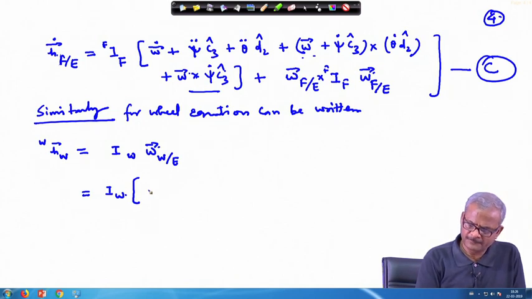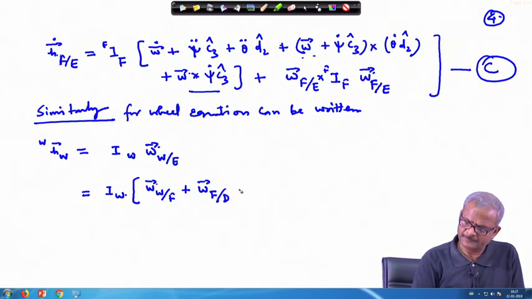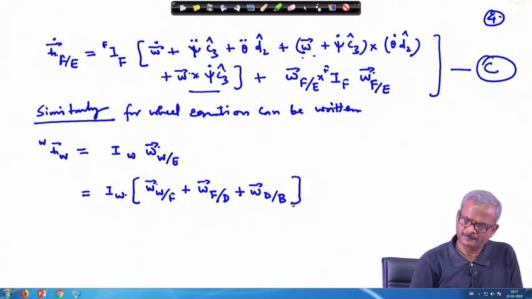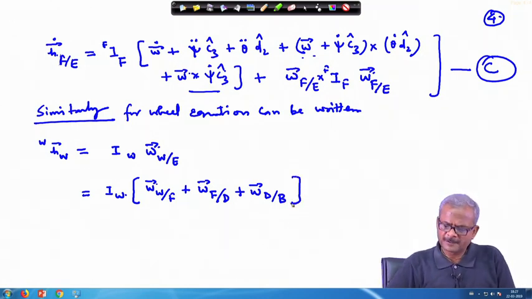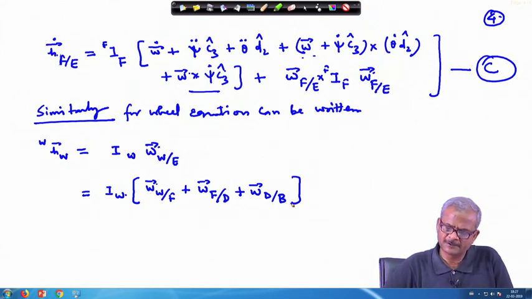And omega wheel we can write as angular velocity of the wheel with respect to the F frame plus angular velocity of the F frame with respect to the D frame and then angular velocity of the D frame with respect to the B frame. We are not writing with respect to the C frame, because C is also fixed in the body and B is also fixed in the body. So, it is just a matter of orientation, okay, it is not rotating.